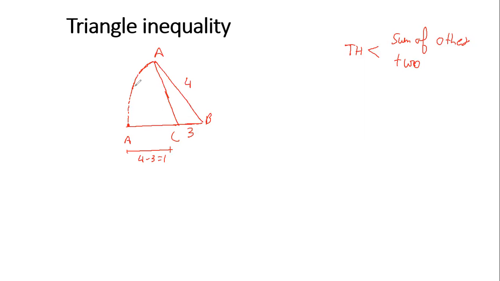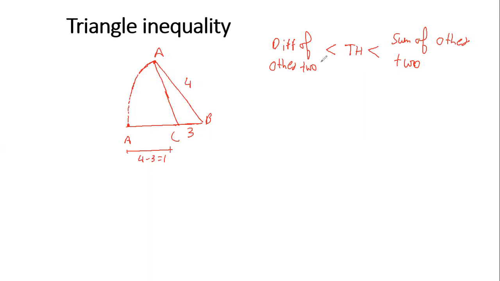For this figure to be a triangle, this A should be slightly up, and if this A is up, this AC will definitely be more than the difference of the other two sides, that's 4 minus 3. So I can also say the third side of a triangle, no matter whatever you do, will always be greater than the difference of the other two sides.